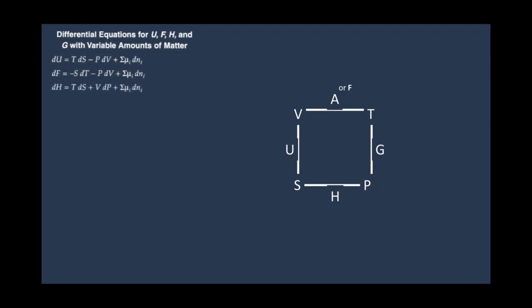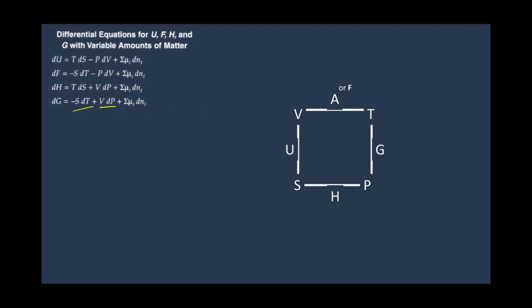Going to the last one, that is dG. You can go like this and this: V dP, since it is down, it is positive, and the second one is going upside, so it is negative, minus S dT. So here it is, V dP minus S dT.